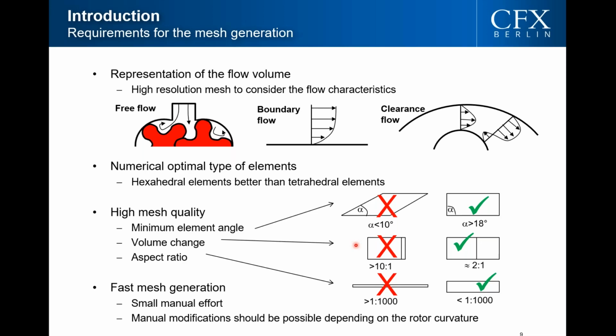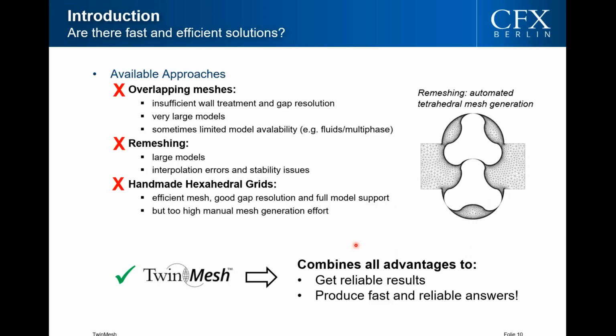There are several approaches you could take to deal with this kind of simulation. For example, overlapping meshes or remeshing or handmade hexahedral grids. I will not go further into detail about the different approaches, but they have something in common. They have some disadvantages.